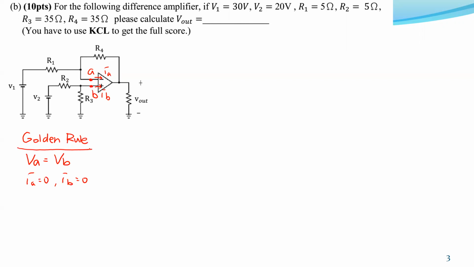Okay, this is the golden rule. And once we know the golden rule, we need to apply KCL at each node. For example, we can have KCL at node A. We can assume this is I1, this is I2.